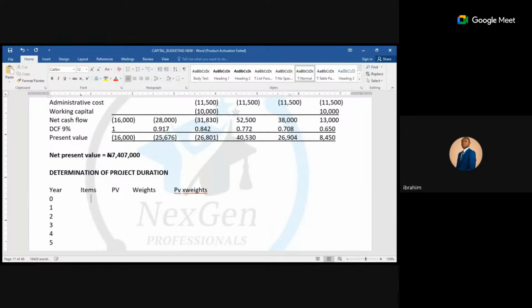So the first one is 0, right? Leave that one. So this will be 0, and this will be 0, right? So this is cash flow. Don't write CF in the exam, please. Write cash flow. So what do we have here?